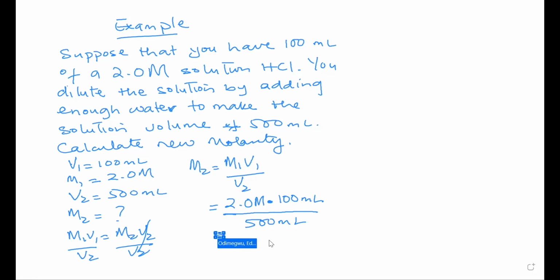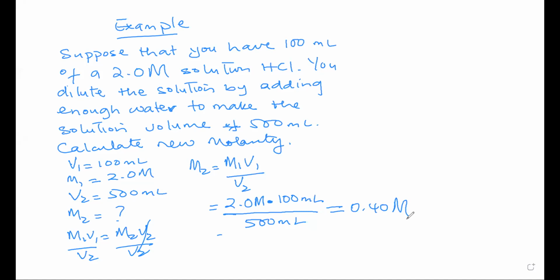So the answer will be in molarity. This will come out to be 0.40. So that's the new concentration.